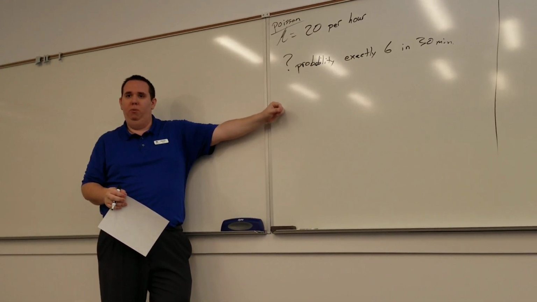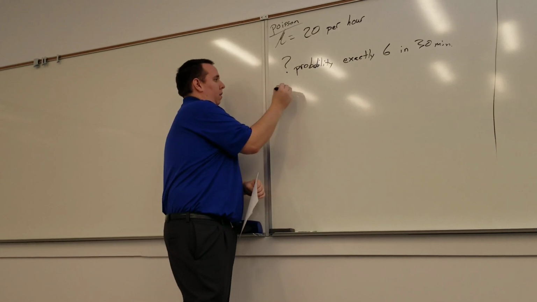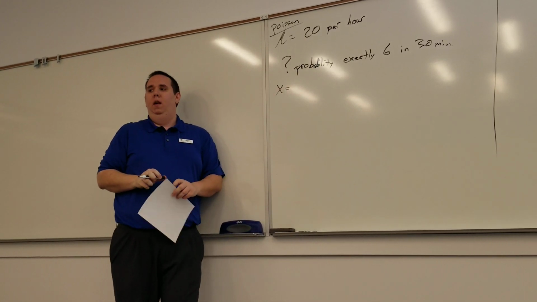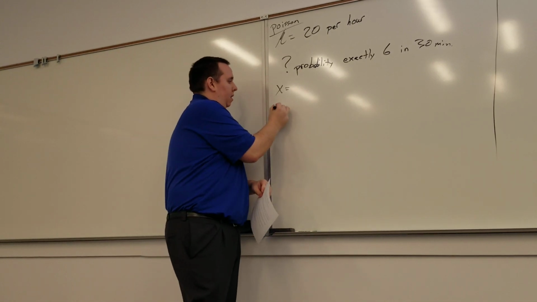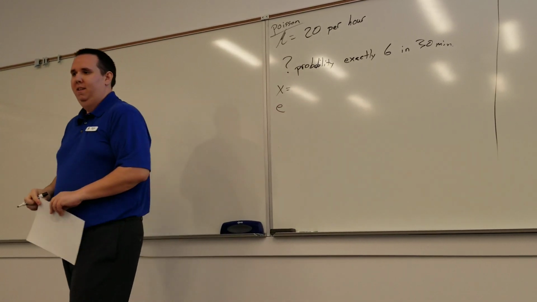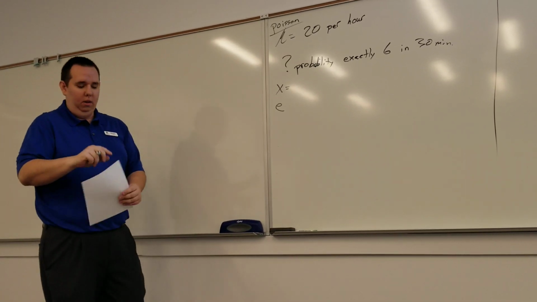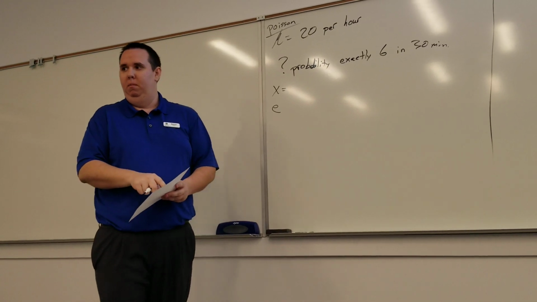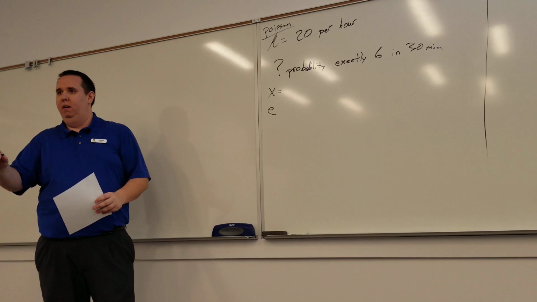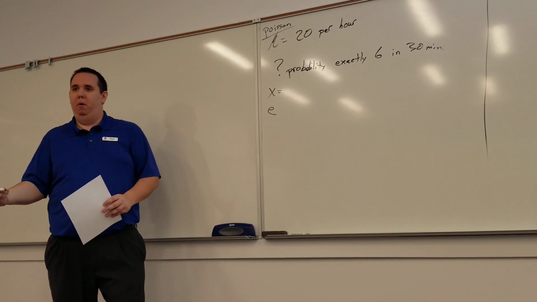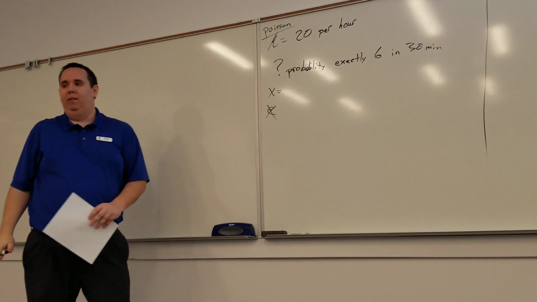So what do we need in this formula? X. Okay, so we're going to need to know an x. And what else is in this formula? E. So what is E? Calculator number. Right, E is just a constant. So nothing given to us in this problem is E. E is just somewhere on your calculator, we use that number. So we don't need E. What's X?